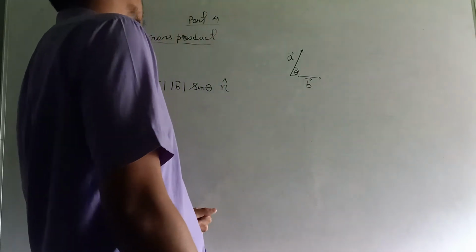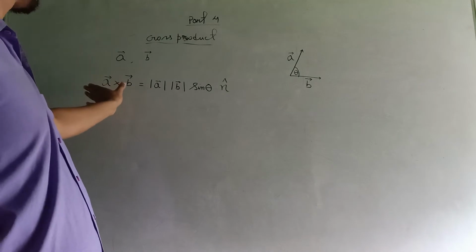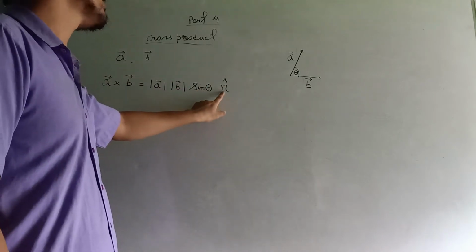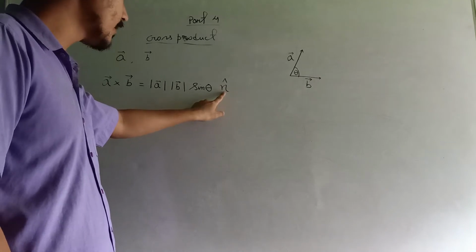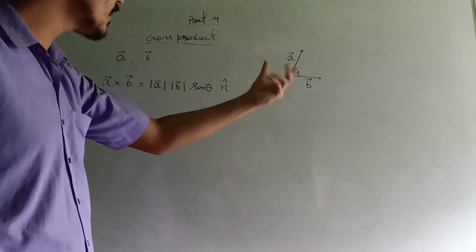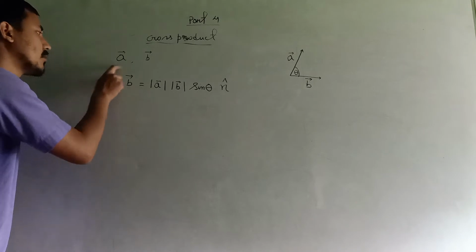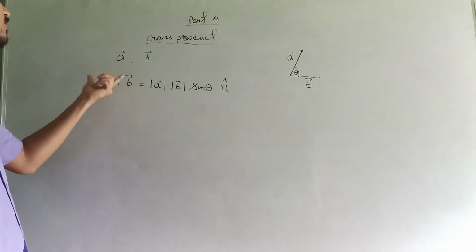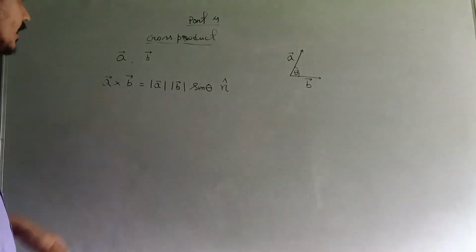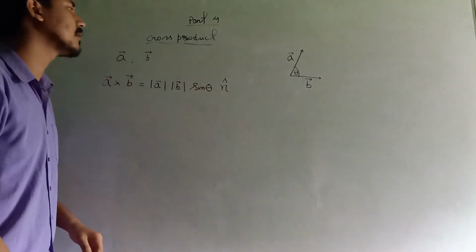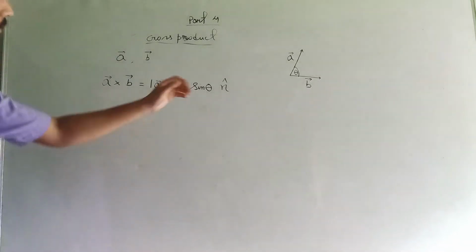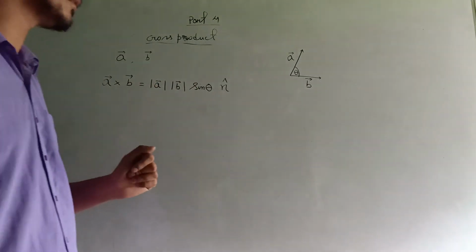So here, A cross B is a vector. Its direction is represented by n cap. Means n cap is a unit vector which will give you the direction of A cross B. I have represented that direction by n cap. Alright? You can write any other unit vector also.